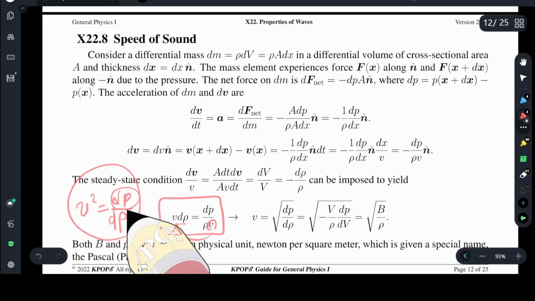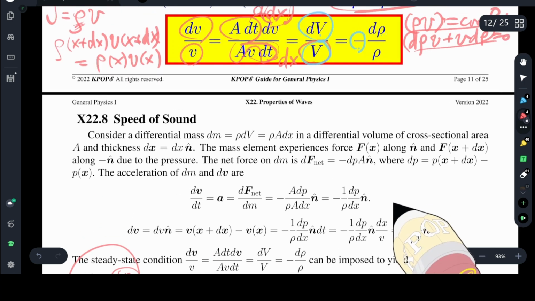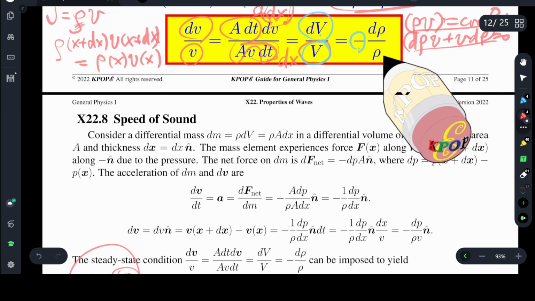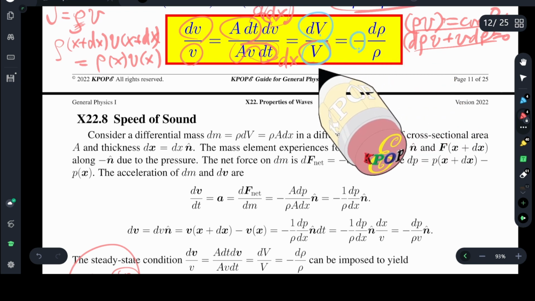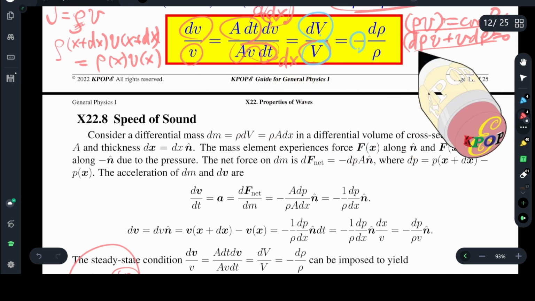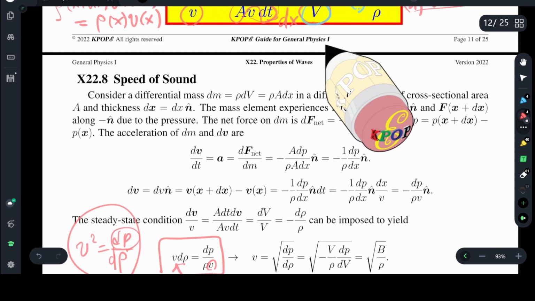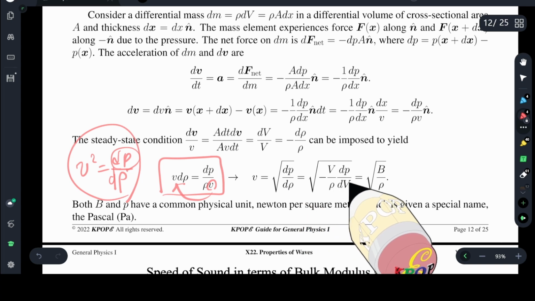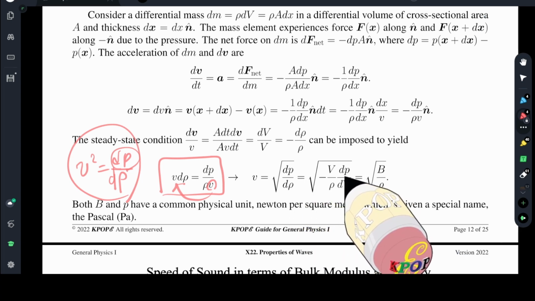Pressure increases, volume decreases. So we have the identity, the pressure relation, and this relation is to be replaced with velocity, density, volume. So pressure is to be replaced in here, where pressure is.